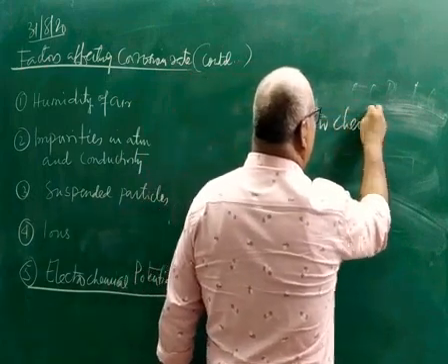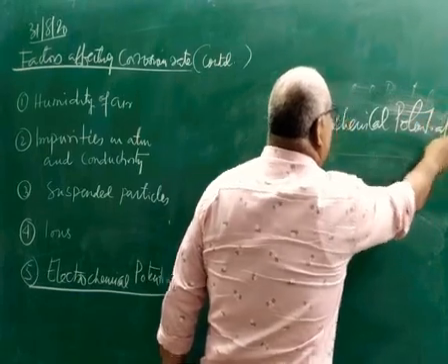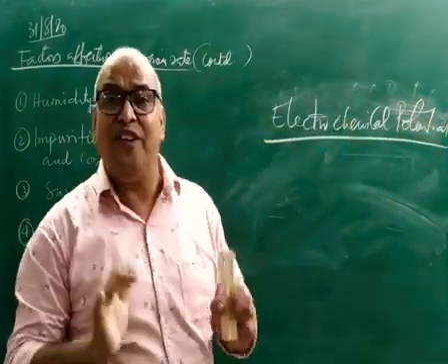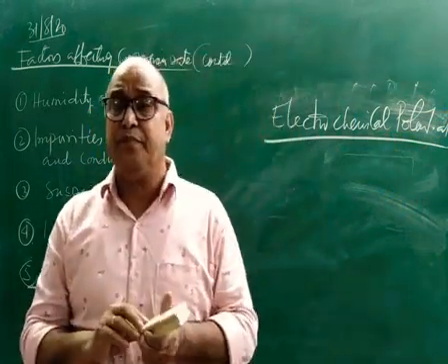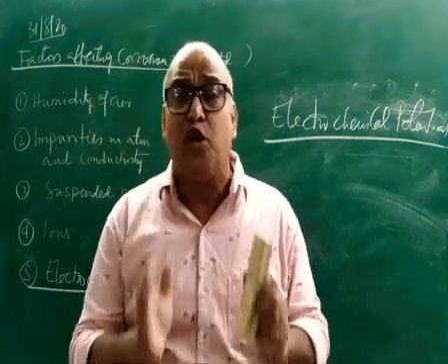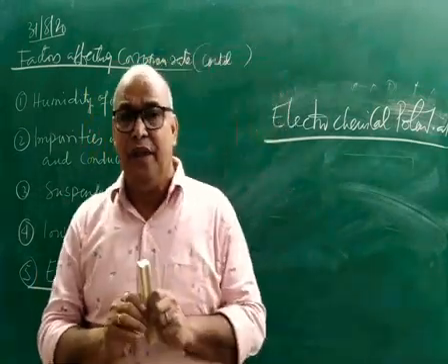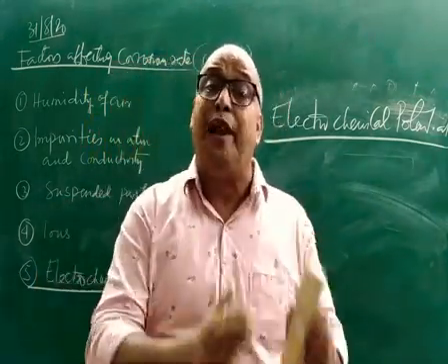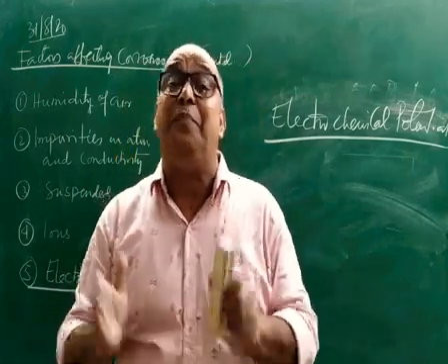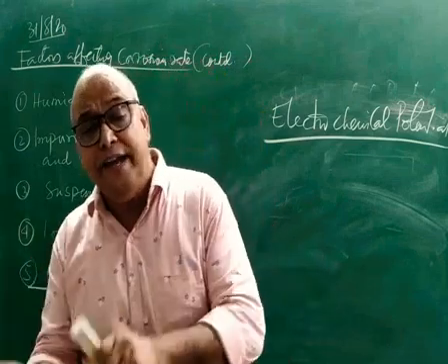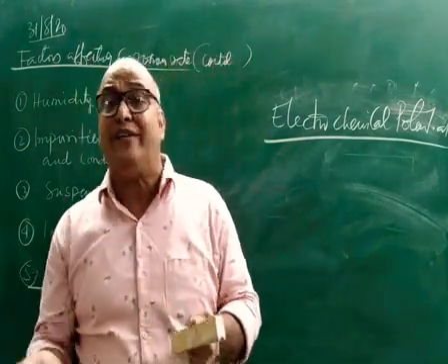And the last point is electrochemical potential. As all of us know, every metal takes on some electrochemical potential when it is immersed in a conducting medium, and this is known as half cell potential, as this potential can be measured by comparing it with a reference potential produced by a reference electrode.